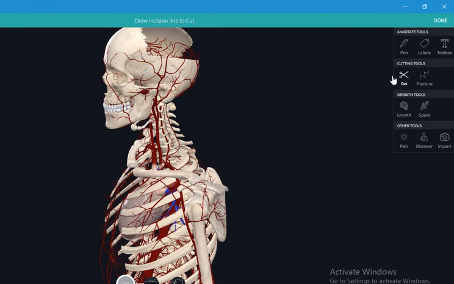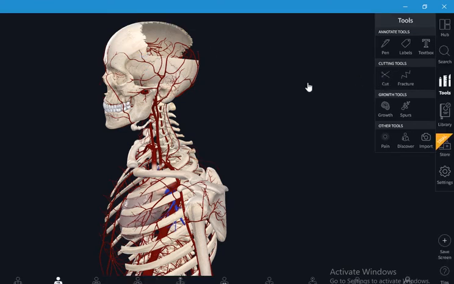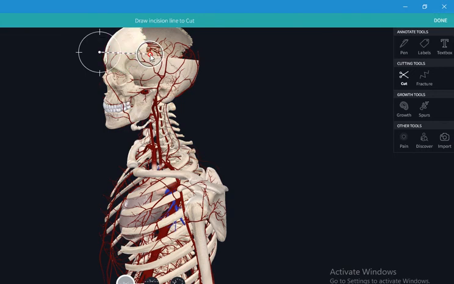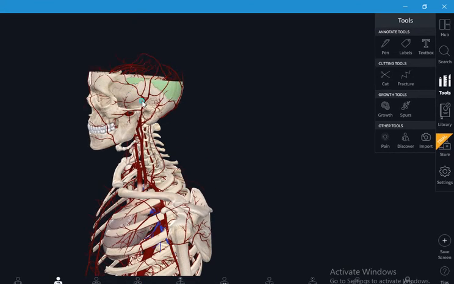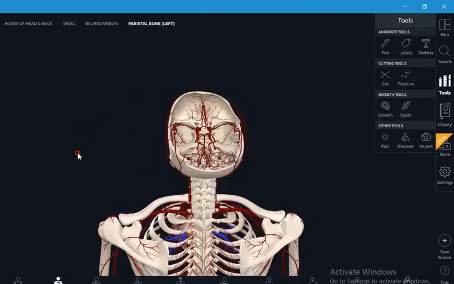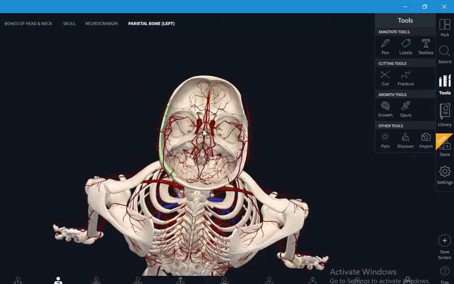Then we cut the other bone, the frontal bone. So we have cut all these different ones. So we stop cutting and then we visualize what is inside the cranial cavity.